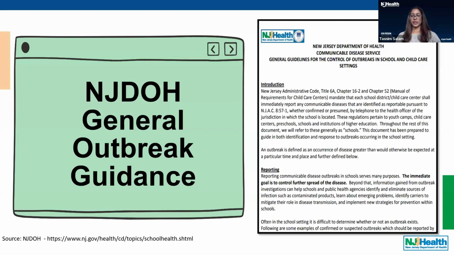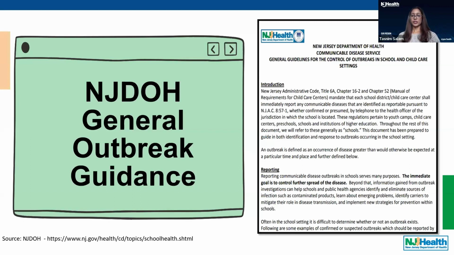Some useful tools within this document include the New Jersey Department of Health School and Childcare Exclusion List, a sample notification letter, as well as a checklist of control measures. So while we're talking about the school and childcare exclusion list, this is also a great tool to know when and for how long students and staff should stay home from the childcare center or school, depending on the type of illness that is happening at that location.